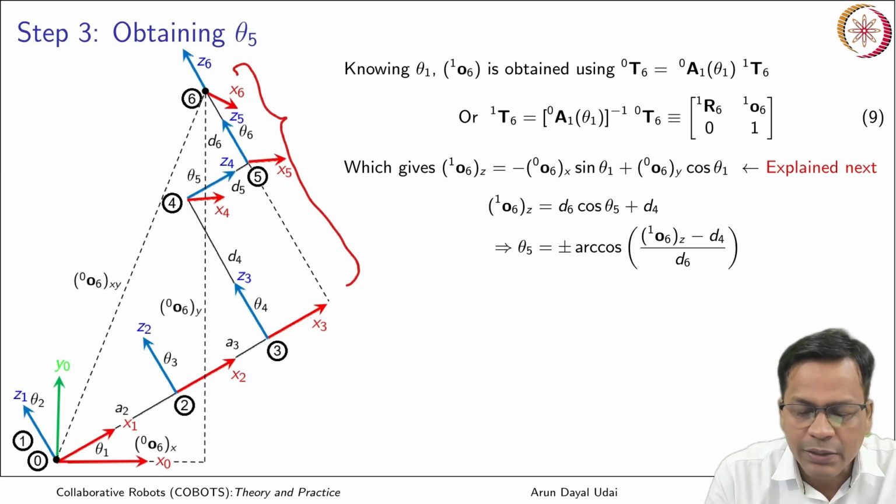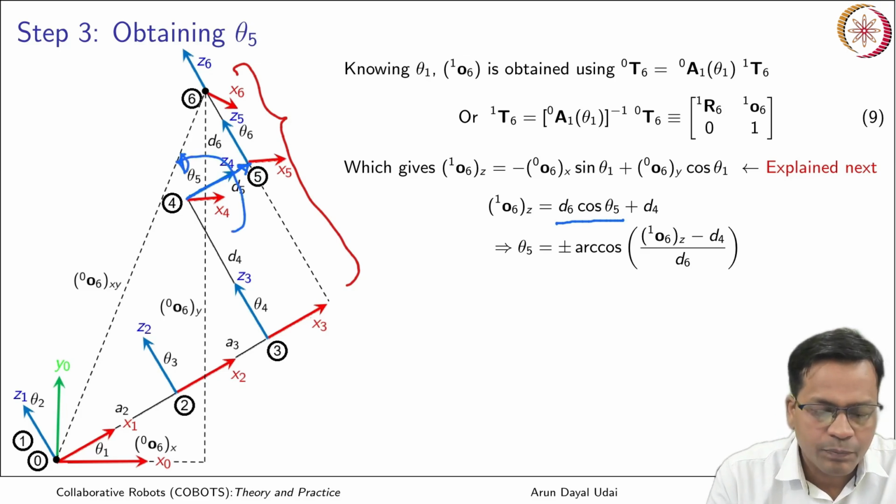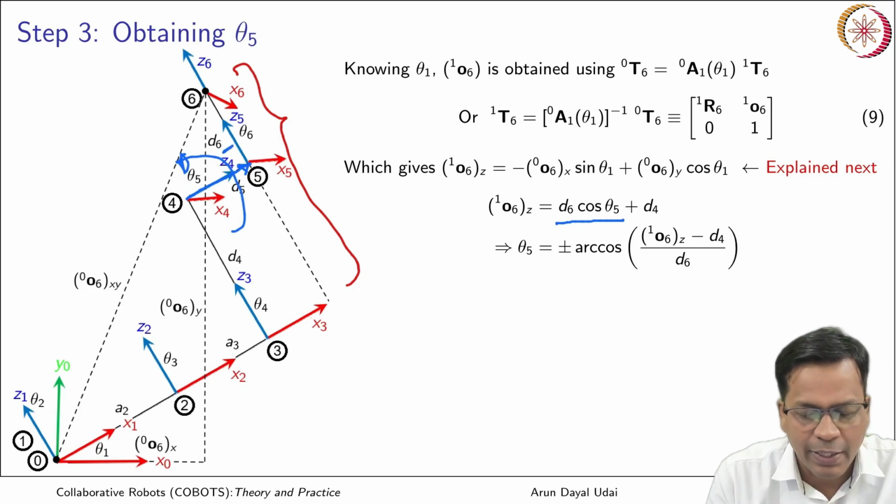First is d6 cosine theta 5. Let me draw it here once again. Over here you are measuring theta 5. Whatever this one rotates is the angle made by the d6 branch. So d6 is something like this.